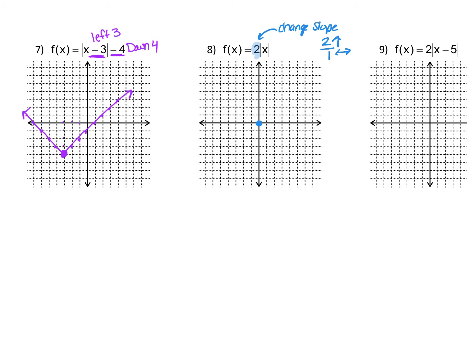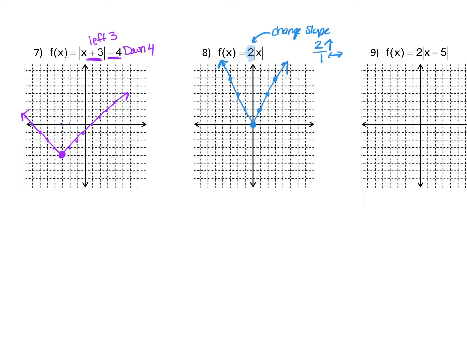I just have the 2. Instead of going up 1 over 1, I'm actually going to go up 2 over 1, up 2 over 1, up 2 over 1. Same on the other side. So that number makes it more steep, and I'm going up 2 over 1 instead of just up 1 over 1.